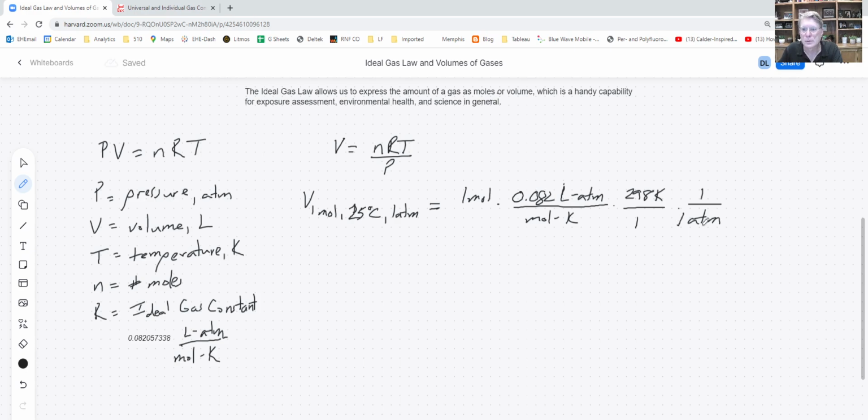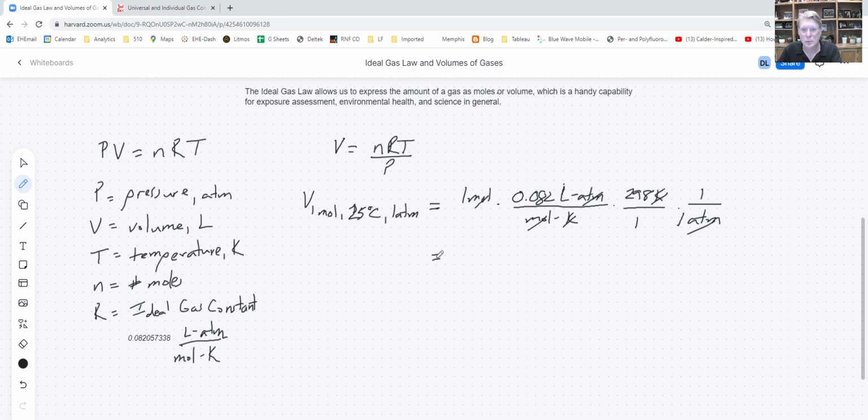Let's examine the units here, and cancel out where we can. Atmosphere in the denominator and the numerator, Kelvin in the denominator and the numerator, moles in the denominator and the numerator.